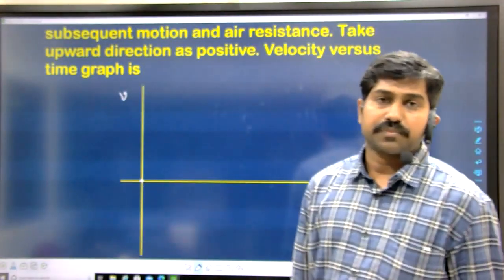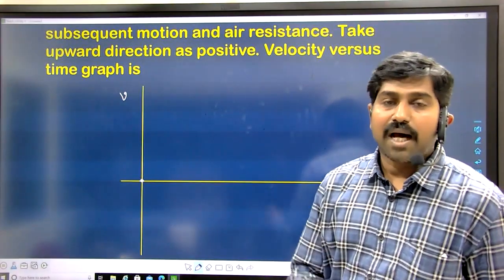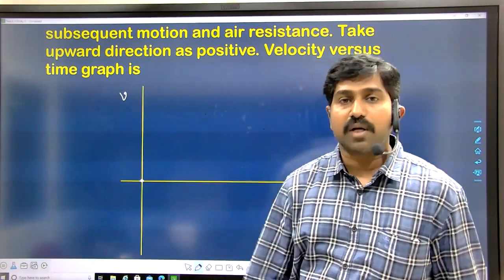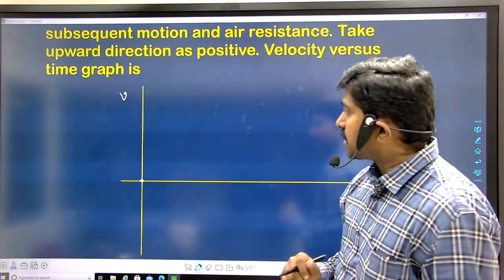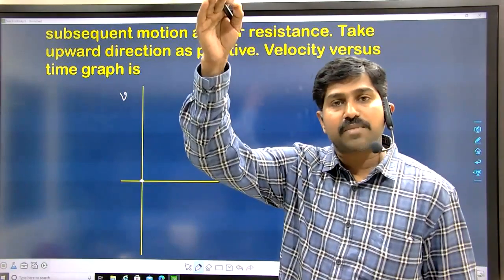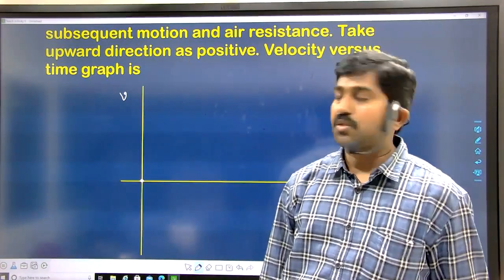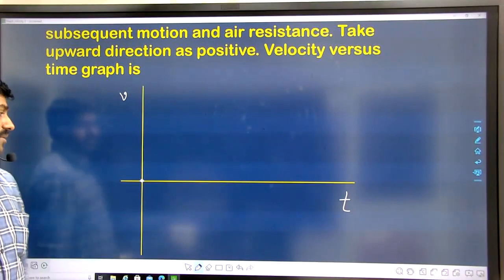Initially velocity is 0. But the upward motion is to be taken positive. Velocity is to be taken positive for upward motion. But when you just drop the body from certain height, the body moves in downward direction, so you have to take that velocity on negative side.